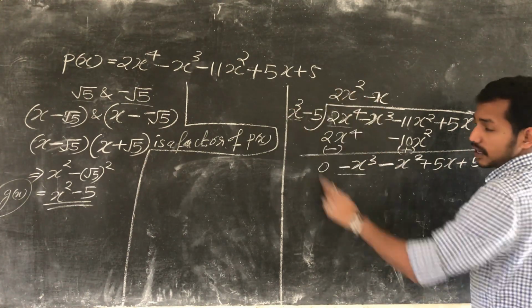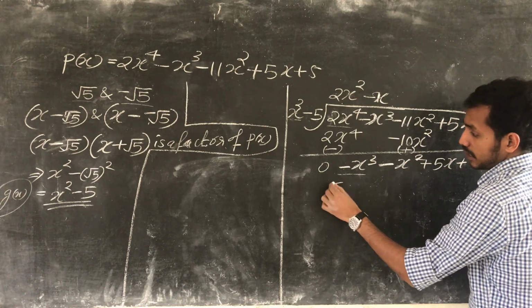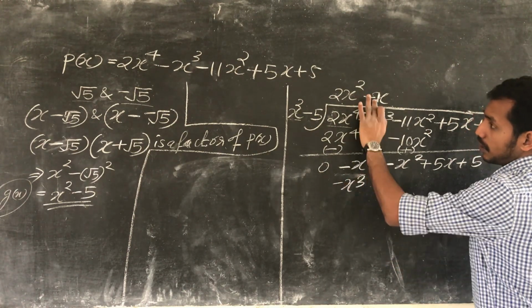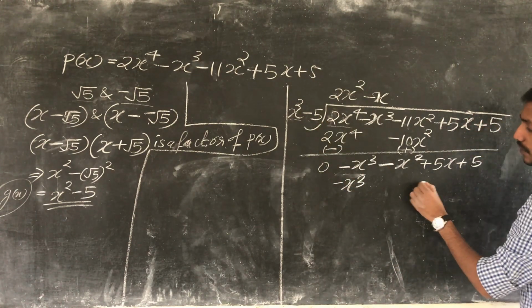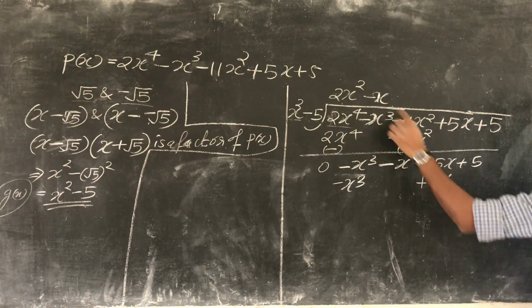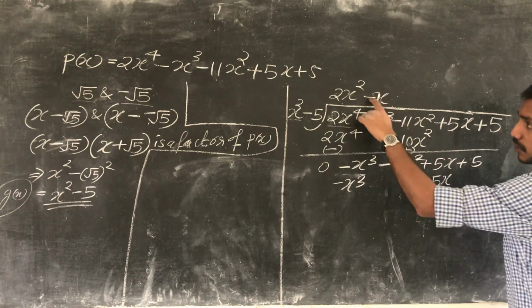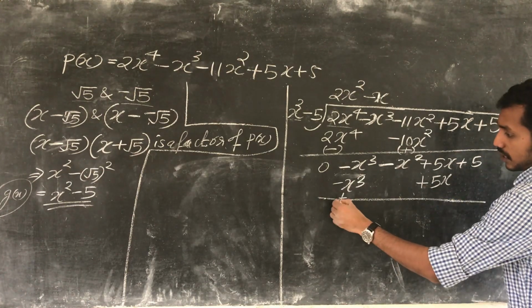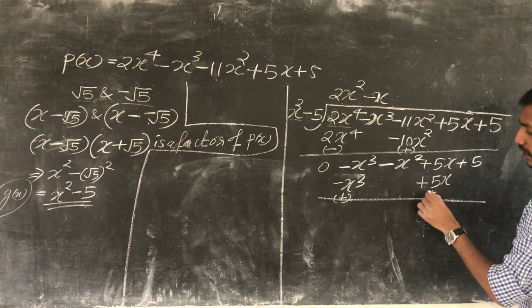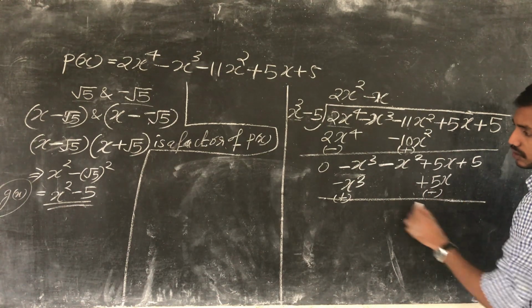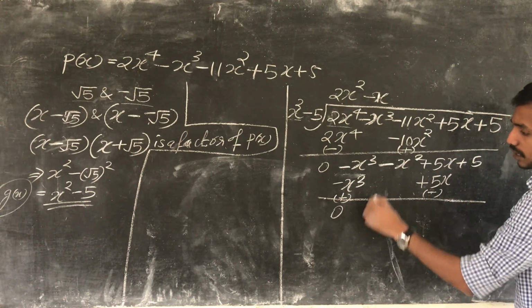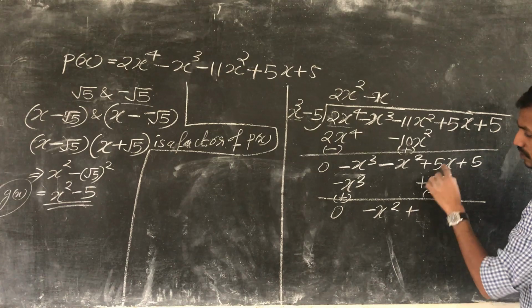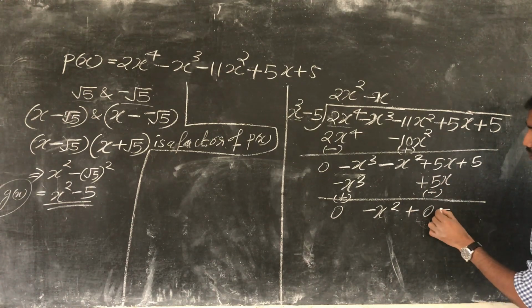Then minus x into x square is minus x cube, and minus x into minus 5 will be plus 5x. Change the sign. Minus x square plus 5x minus 5x will be 0, plus 5.